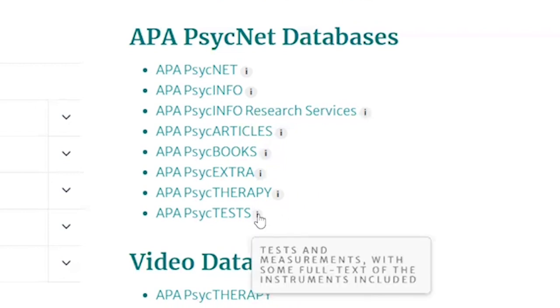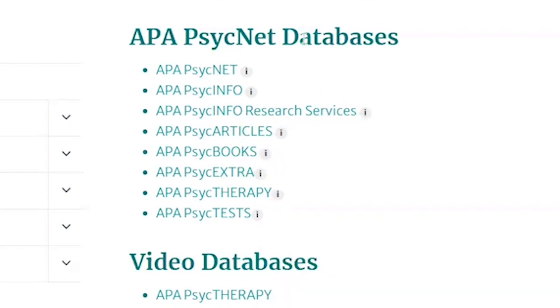PsycTests shows tests and measurements, assessments. It usually shows the seminal article that introduces the assessment, and I'd say about 50% of the time, you can actually get the assessment itself in PDF.